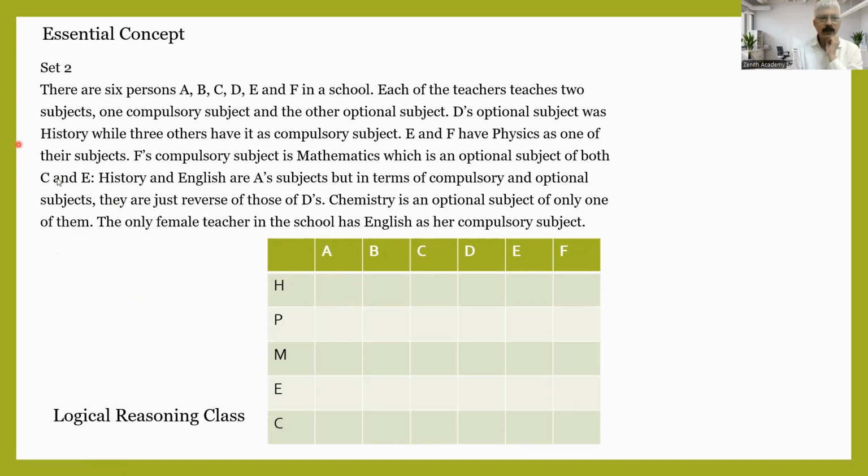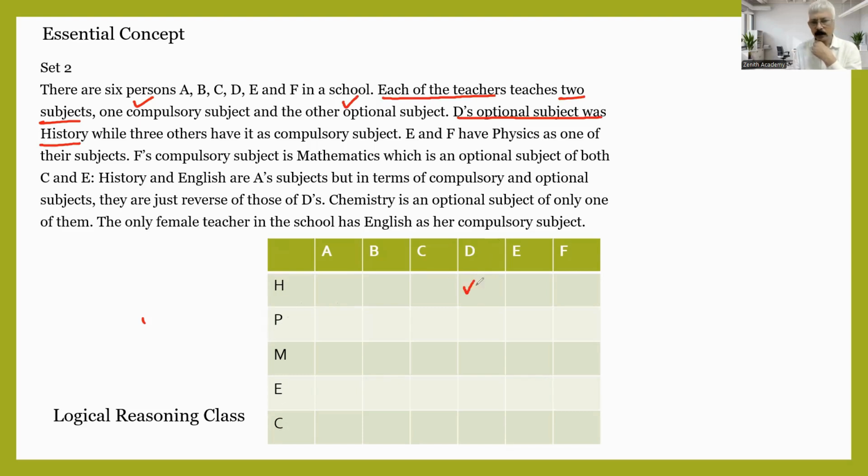Now see, it is given that each teacher teaches 2 subjects, one compulsory and one optional. D's optional subject was history. So the subjects are history, physics, maths, English, and chemistry.